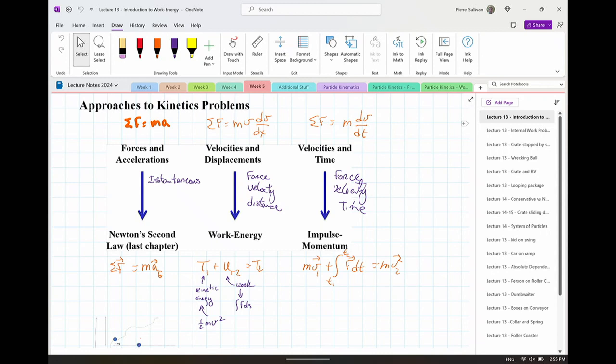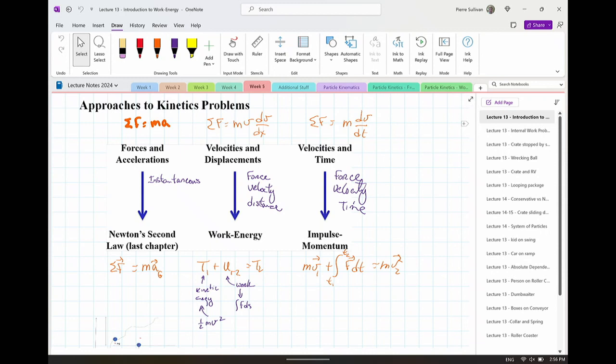But in the second week, we started to look at problems where I want something, force, velocity, or distance. And in those cases, I generally will, or I can always use work energy. If I have a problem next week, and I will, of force, velocity, and time, I'm going to look at it from a momentum point of view.